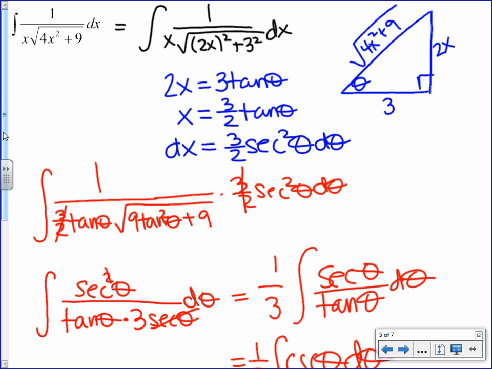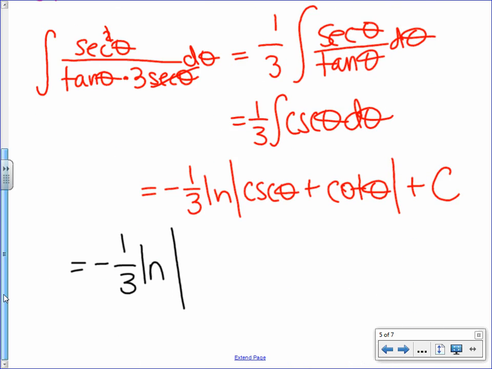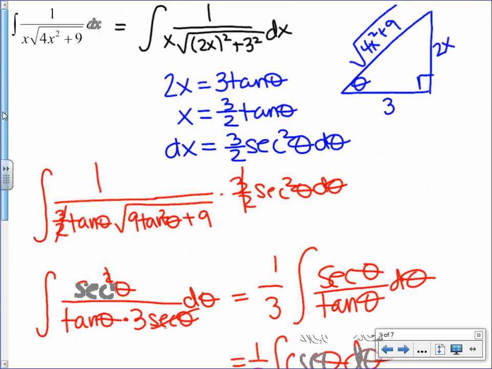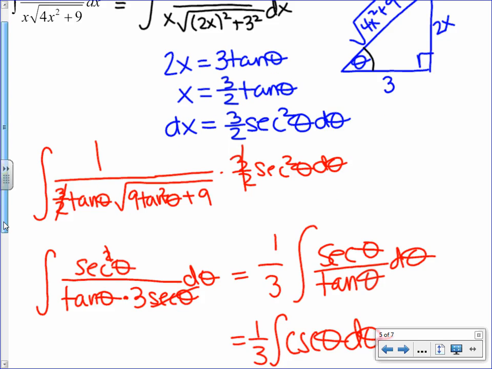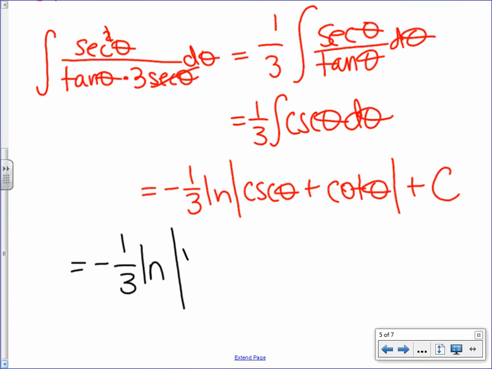Okay, so here we have cosecant theta. What is the cosecant of theta? Hypotenuse over opposite. The square root of 4x squared plus 9 over 2x.